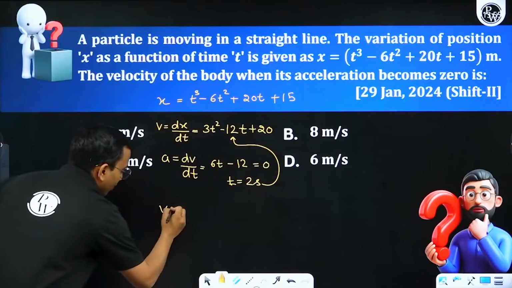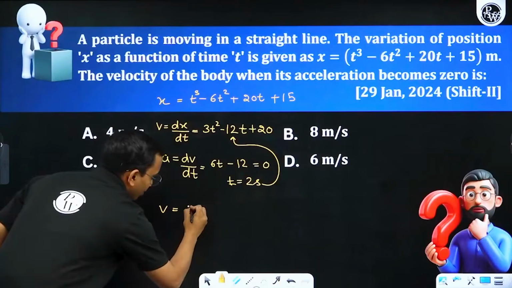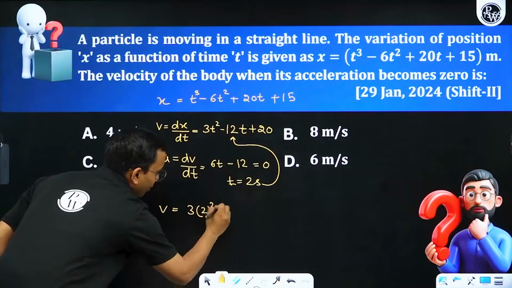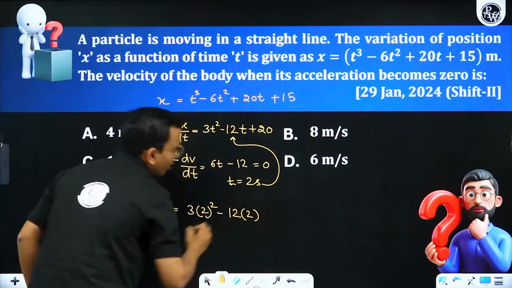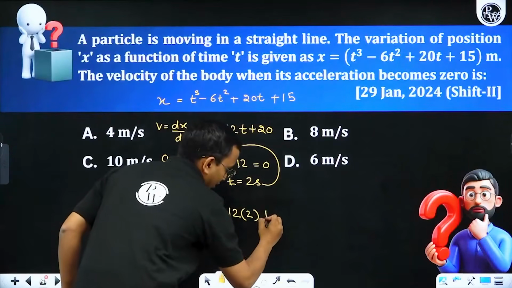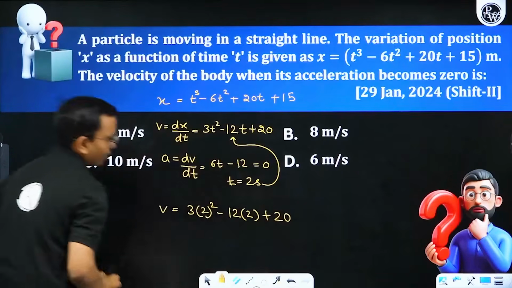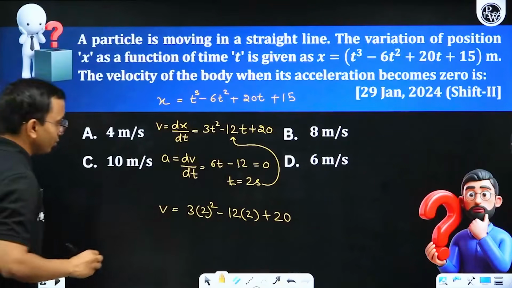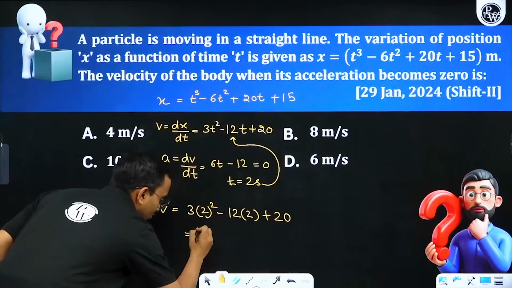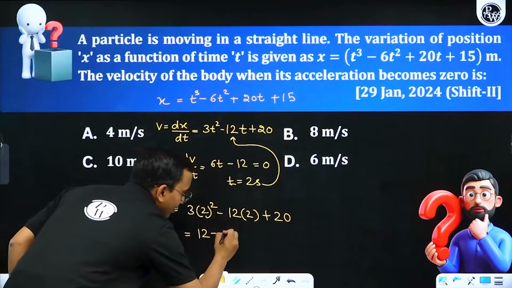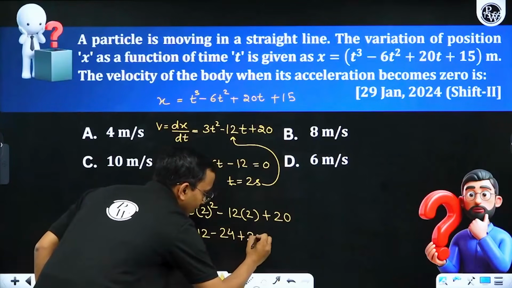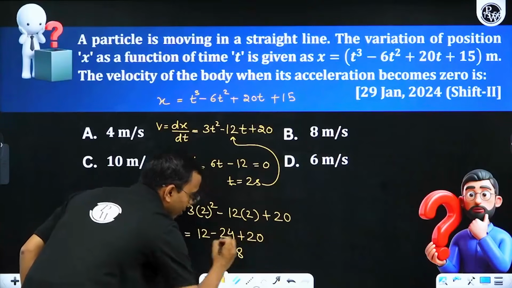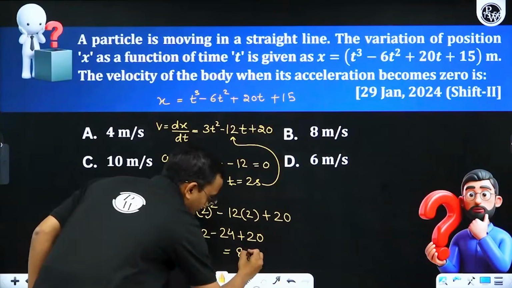So velocity will become 3 into 2 square minus 12 into 2 plus 20. So 3 into 2 square, what is that? 4 into 3, 12, minus 24 plus 20. So 20 minus 12 is 8 meter per second.